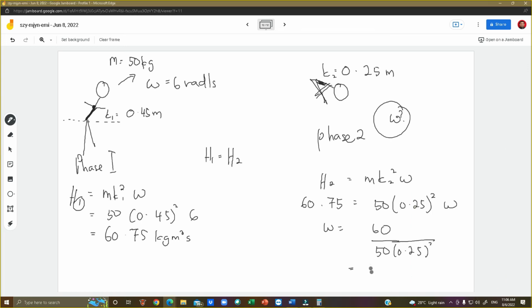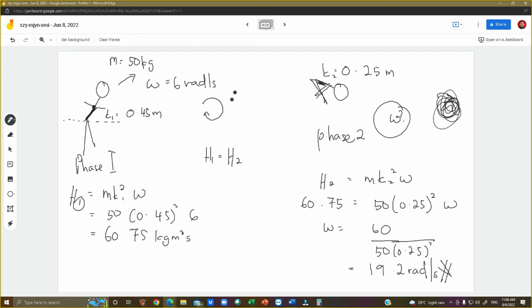We have 19.2 radian per second. Maksudnya dekat sini tadi kalau dia berpusing lah, kalau kita assume kan dia punya pusingan macam ni je lajunya. But here macam dah laju lah pusingan dia. That is principle of angular momentum conservation.